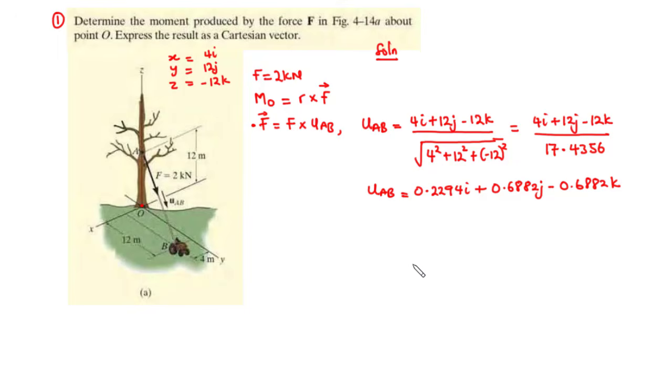So this is the unit vector UAB, that is the unit vector in the direction of the force. Now let's move on to find the force as a Cartesian vector.